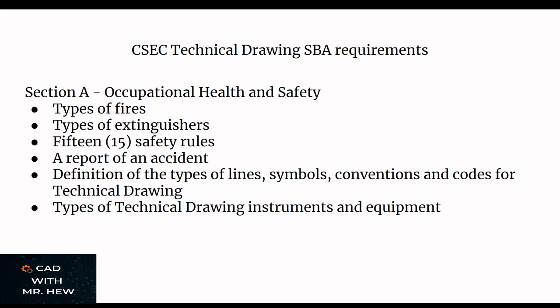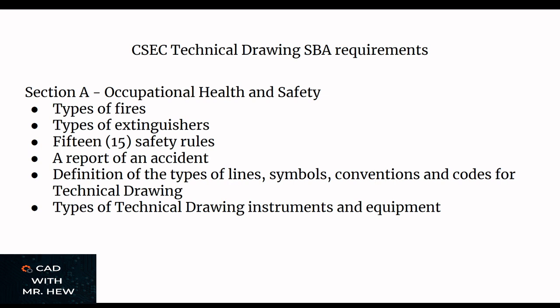Then the next thing the candidate will be required to do is to define the different types of lines that are used in technical drawing. In technical drawing, we use different lines to represent our objects.